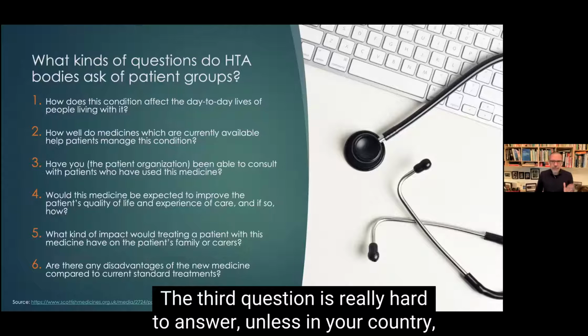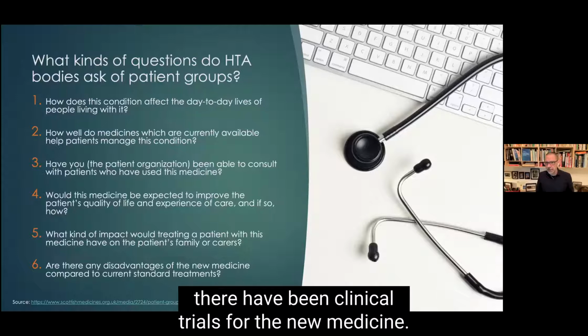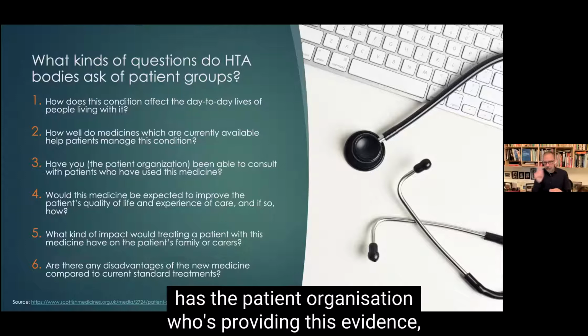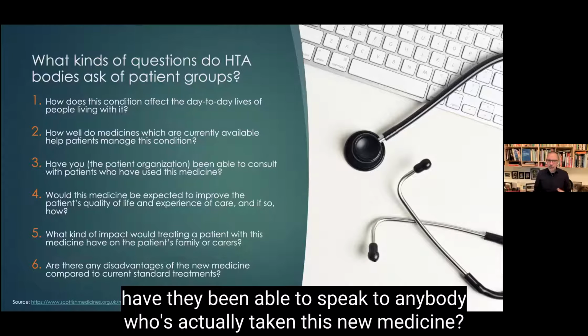The third question is really hard to answer unless in your country there have been clinical trials for the new medicine. But question 3 is basically asking, has the patient organization providing this evidence been able to speak to anybody who's actually taken this new medicine?